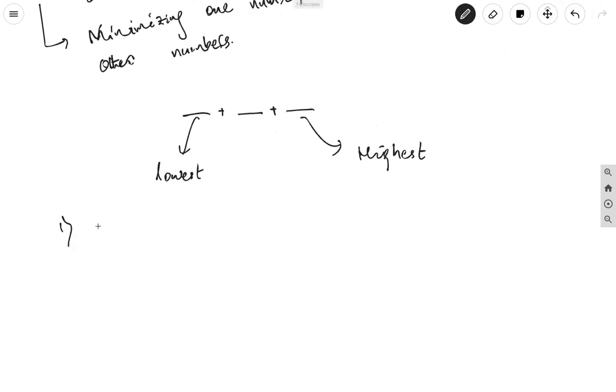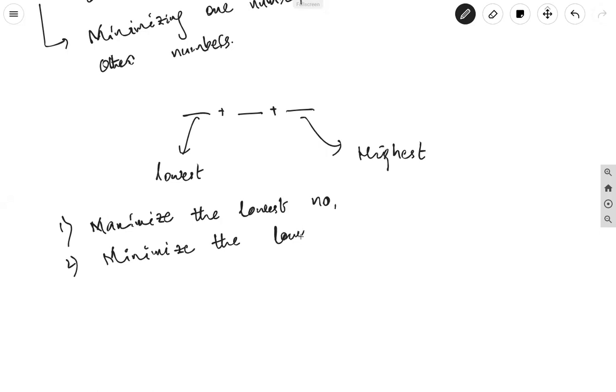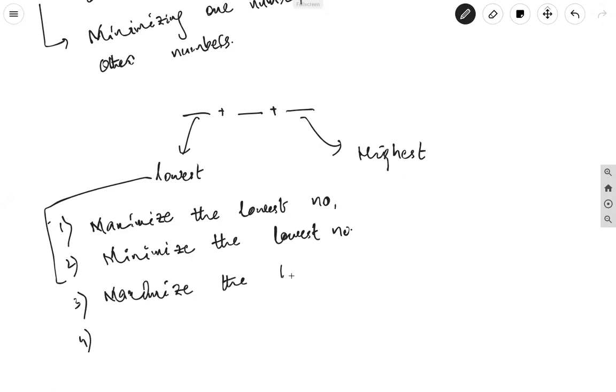Either the question will ask to maximize the lowest number, or to minimize the lowest number, so these two are about the lowest. And for the highest, again, there are two cases. Either we could be asked to maximize the highest number, or to minimize the highest number, or whatever the quantity is.